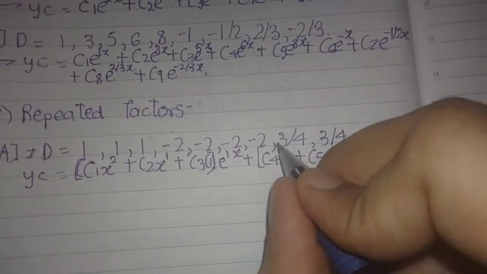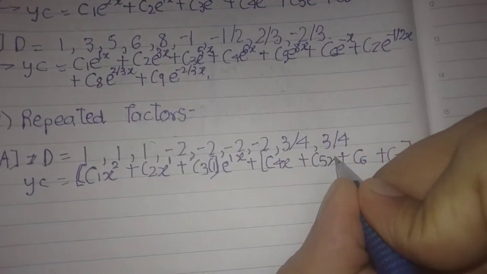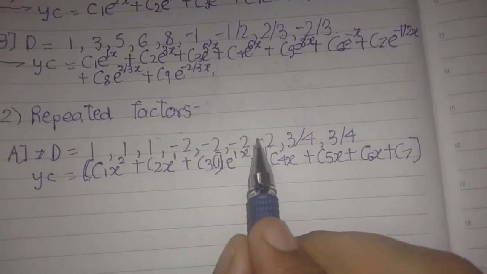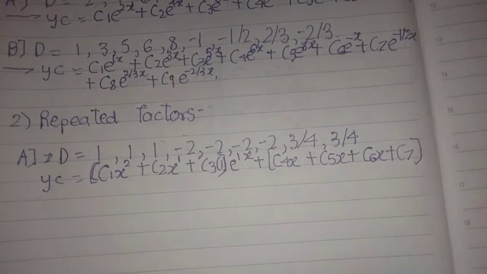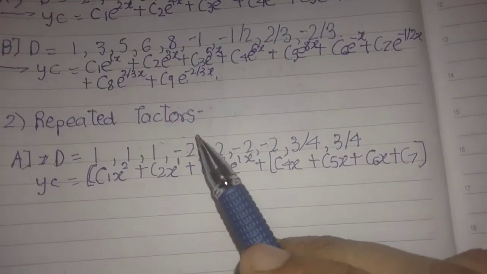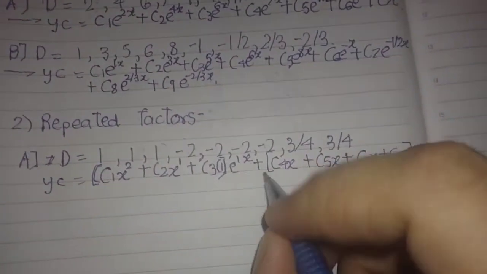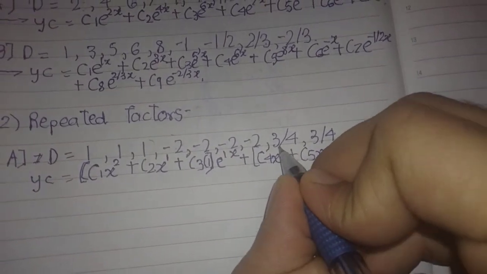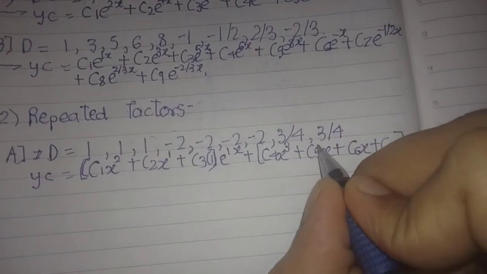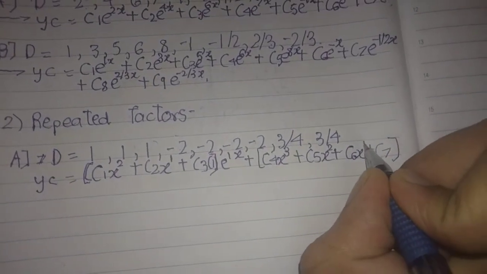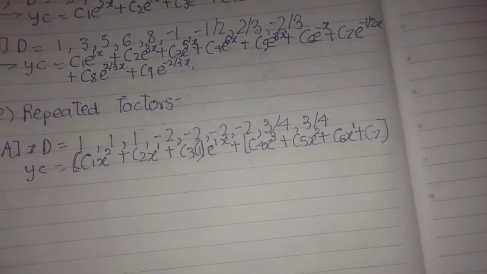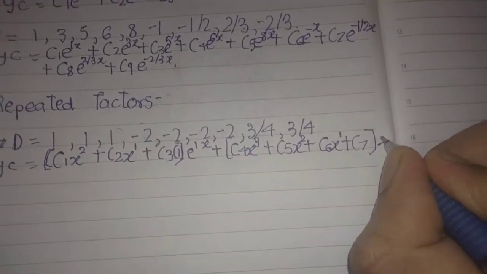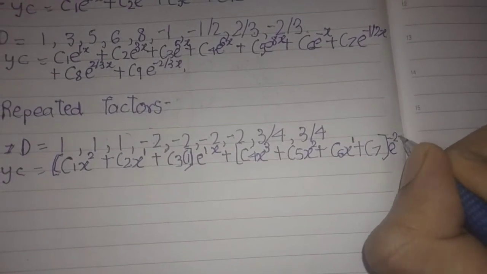Here again we are going to write x, x and x. The maximum number of times it is repeated is 4, so 4 minus 1, which is 3. So the highest power we write first is 3. Then the number goes on decreasing: 2, then 1, and then 0. As the number repeated is minus 2, we are going to write e raised to minus 2x.